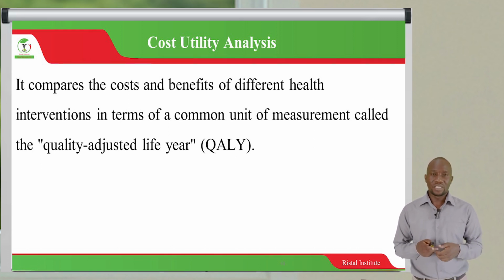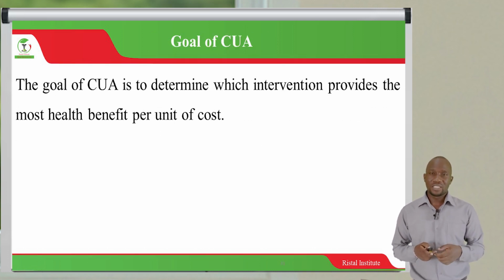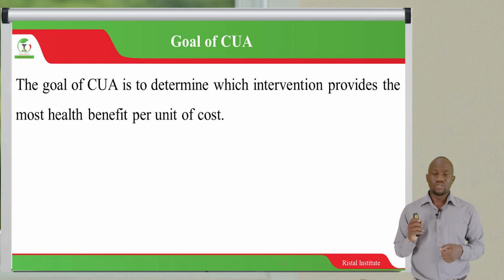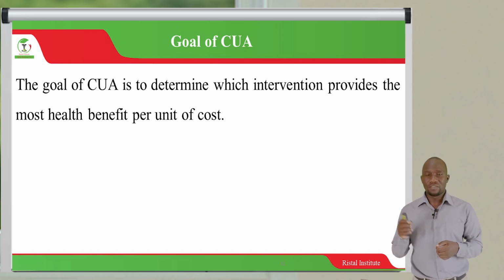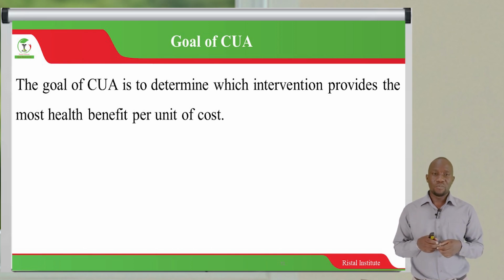This compares the costs and benefits of different health interventions in terms of a common unit called QALY. We conduct a cost utility analysis to be able to determine the cost per benefit. So it gives us very good information on benefit per unit cost.